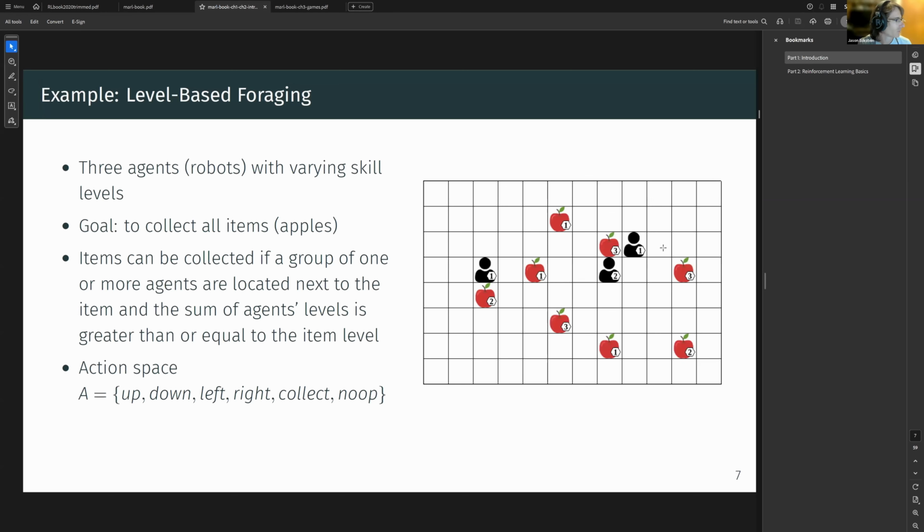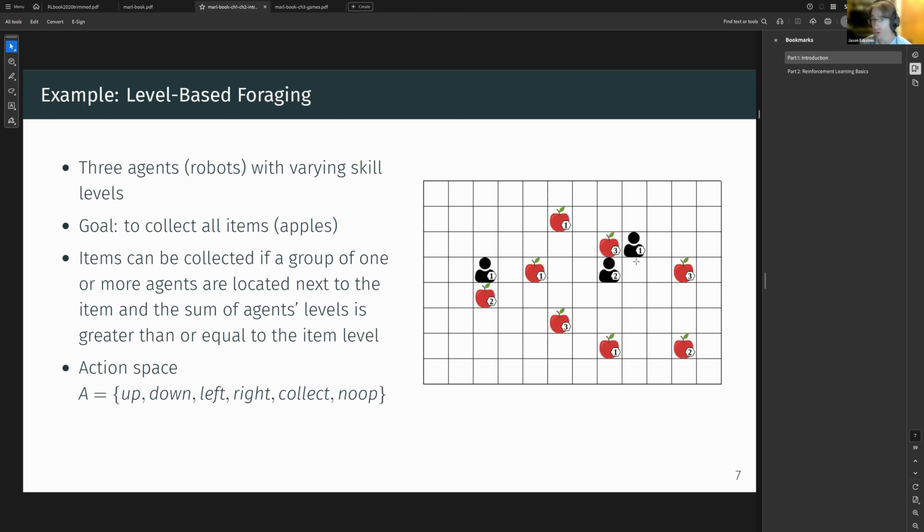Now this problem could be structured in a lot of different ways, in terms of the goal. You could set this up as a competitive game where the agents try to get the most reward for themselves and ignore the other agents. Or it could be a cooperative game where the goal is to collect the apples as quickly as possible and the agents can work together to do that.